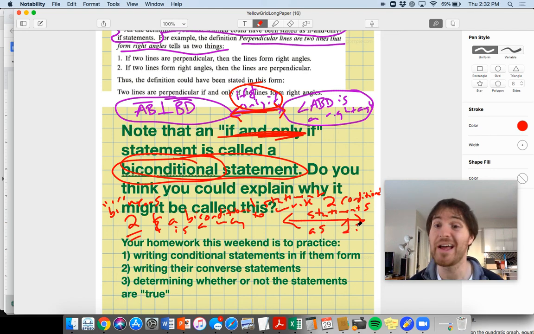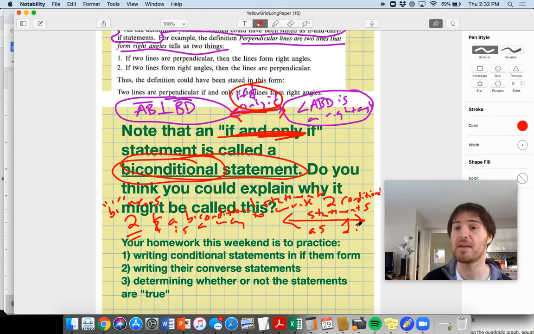It's only one statement, but it tells us two true conditional statements.